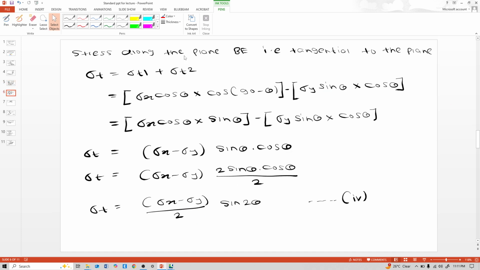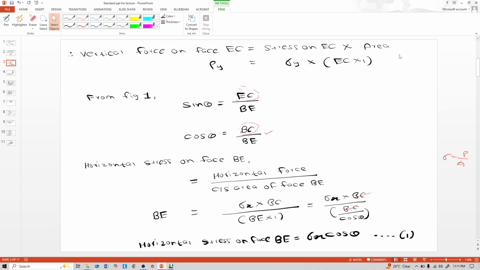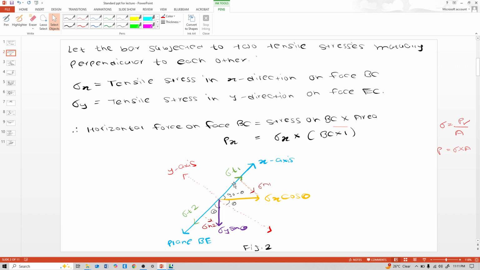Next is stress along the plane BE, that means tangential to the plane. So for this plane BE, the tangential stresses are sigma T1 and sigma T2.